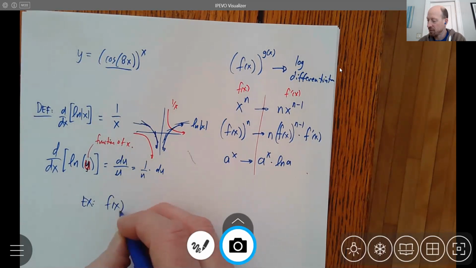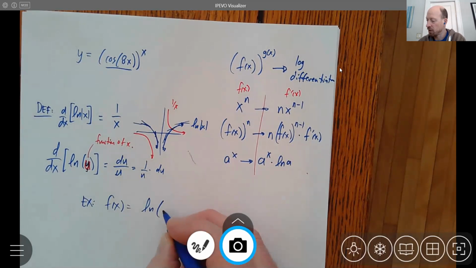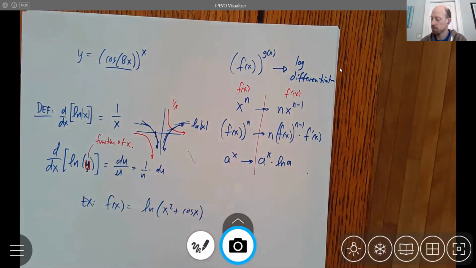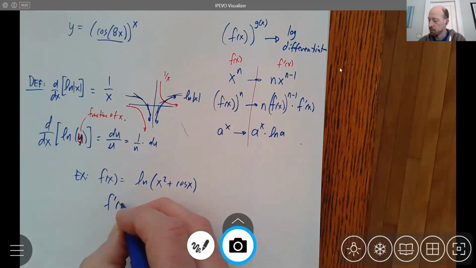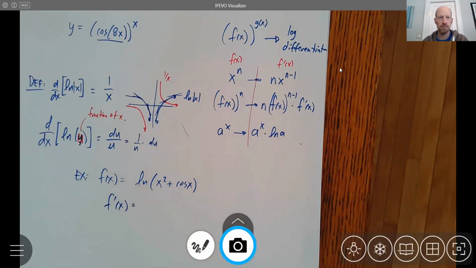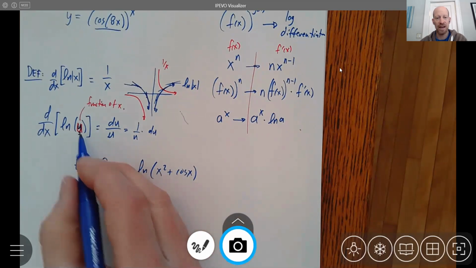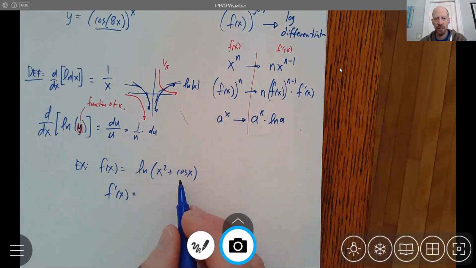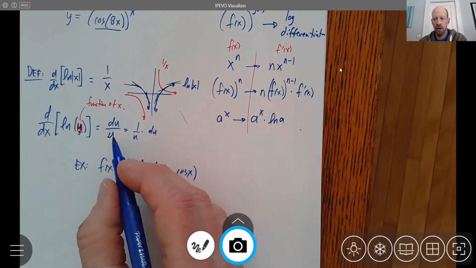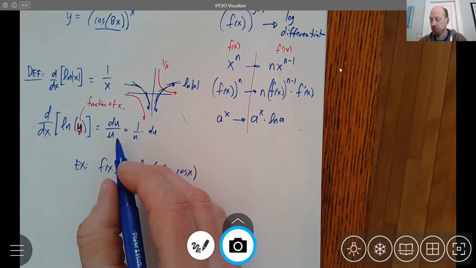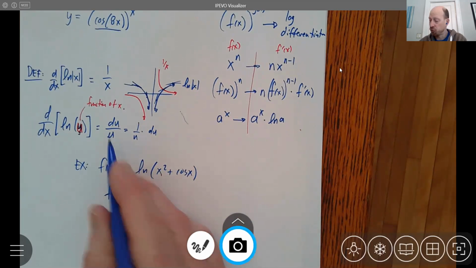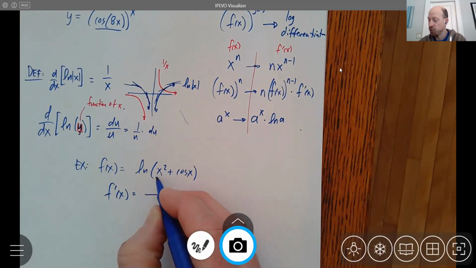let's let f of x equal the natural log of x squared plus cosine of x. So the derivative here, this is exactly the situation. I have the natural log of some function. The derivative then is the derivative of u, right?